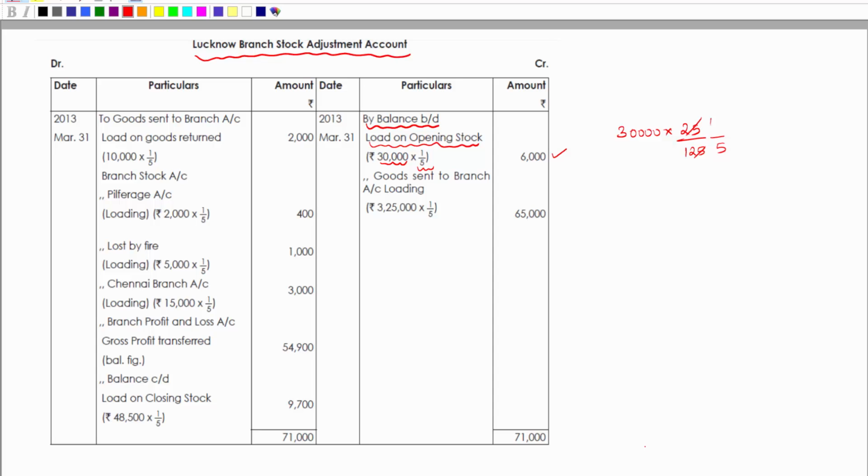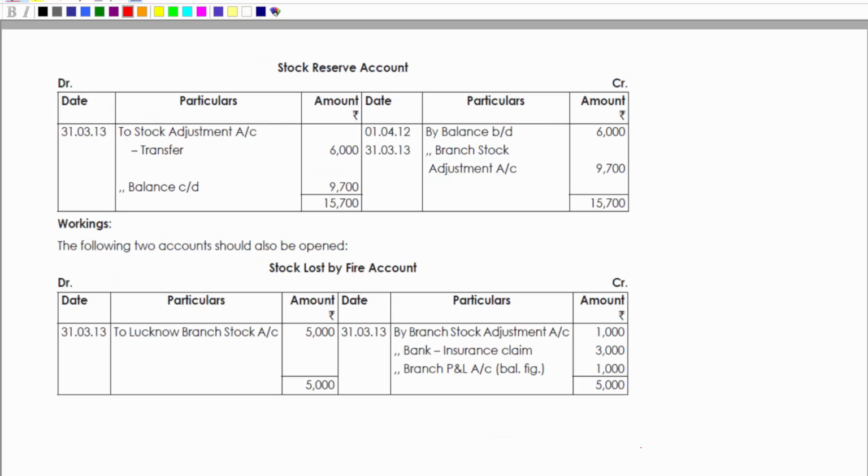Now the question is, how did you get this opening balance of 6,000? That is from stock reserve account. It means we have to open something called stock reserve account. That stock reserve account operates parallelly with your branch stock account. When your branch stock account has opening balance, and if that element includes profit, then your stock reserve account will also operate parallelly.